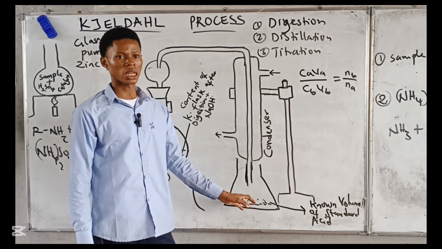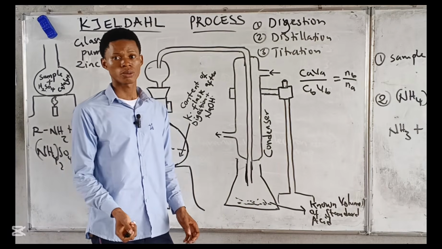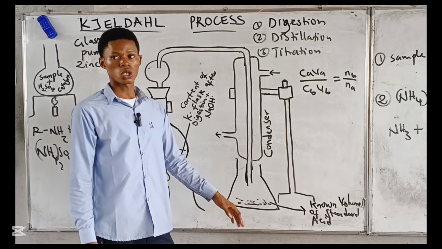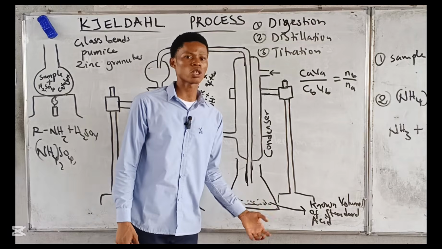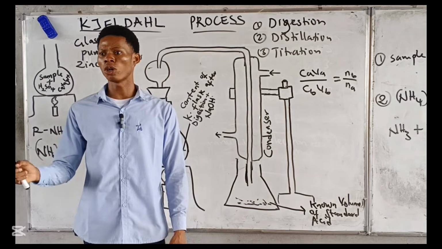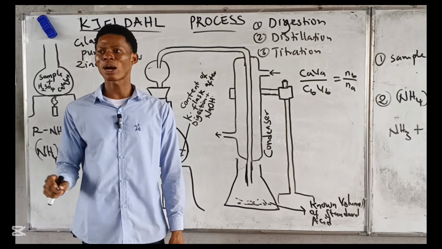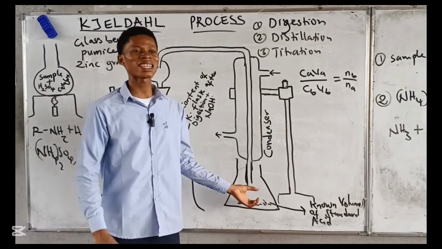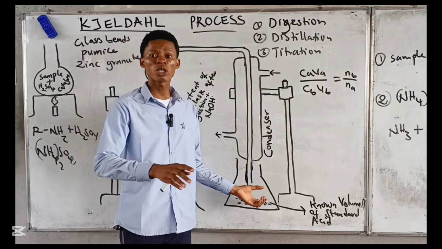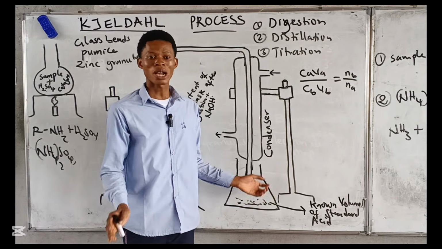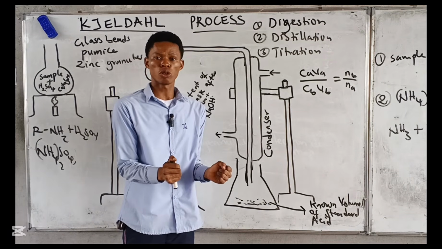Known amount of boric acid. It's not only boric acid you can use, but a standard acid. Now, the boric acid will react with that ammonia to form ammonium borate. But we had excess boric acid, meaning some of the boric acid is still free, while some is tied up with ammonia to form the ammonium borate.